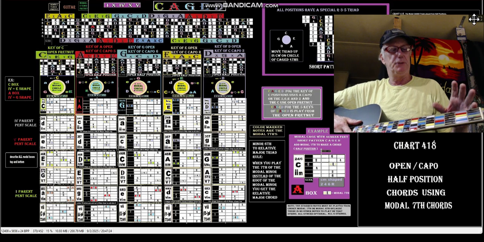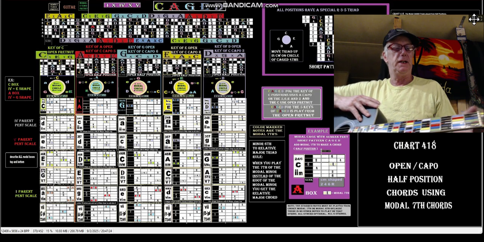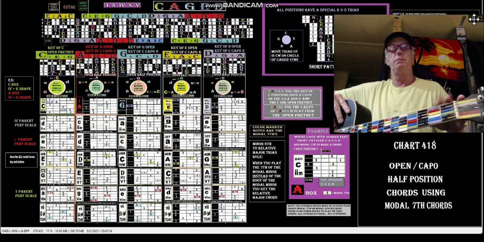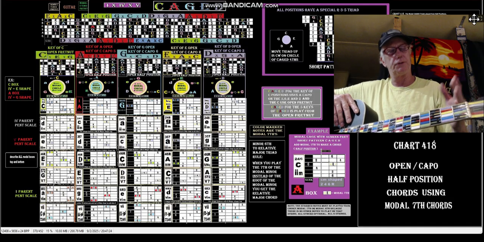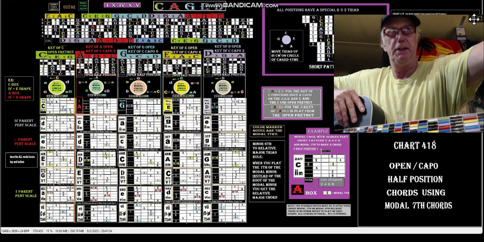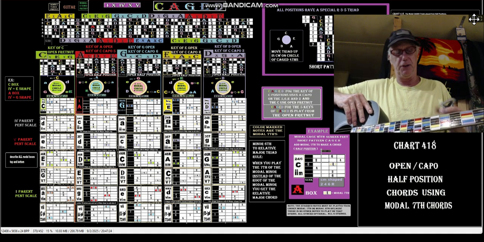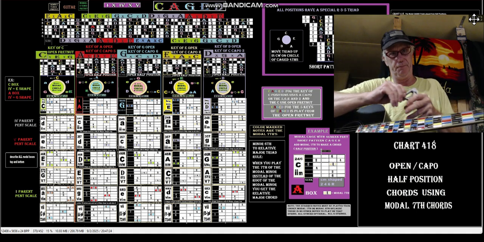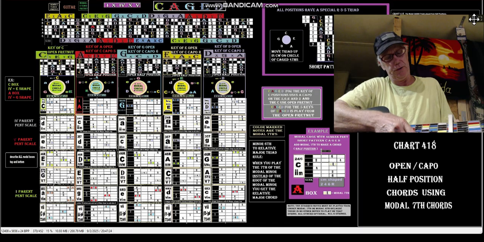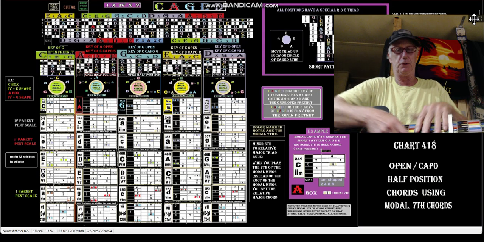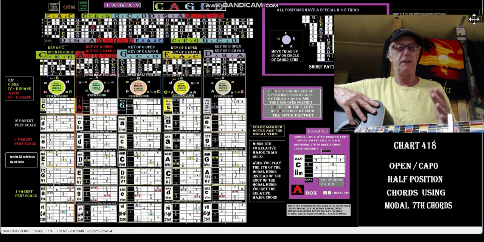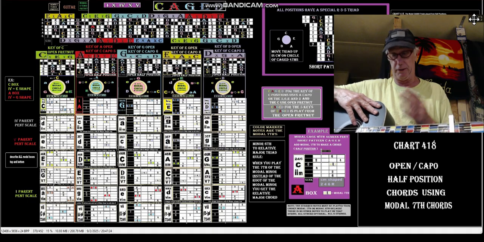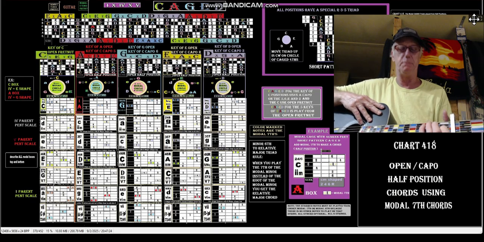In the open position, every guitar has an open position, no matter what you're tuned to. And by the way, what you're tuned to has nothing to do with the open position. So you're tuned here. This is your open position. If you were to put a capo anywhere on your guitar, that would be the open position.